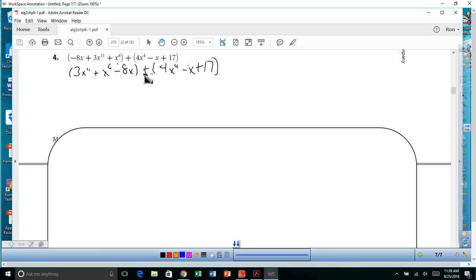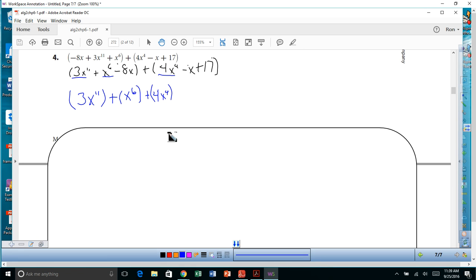We don't have an x to the 11th over there, so we got 3x to the 11th. And the next one, x to the 6th. We got a 4x to the 4th, and there's nothing to combine that to.